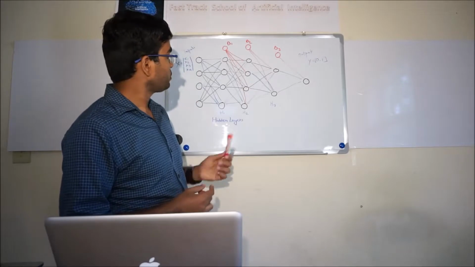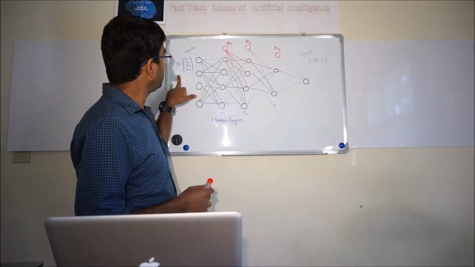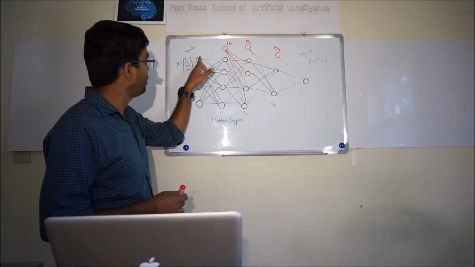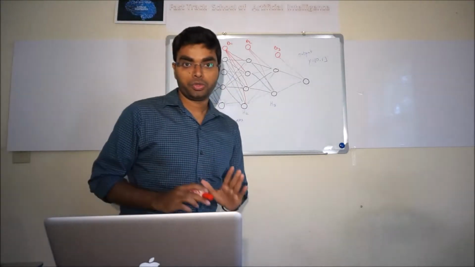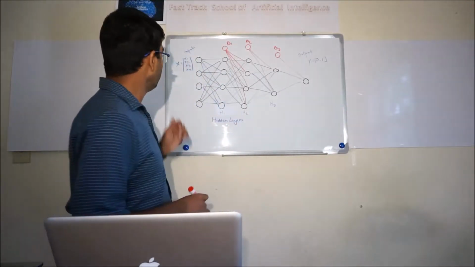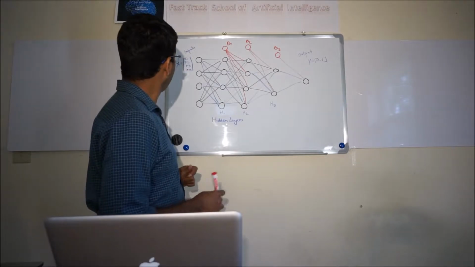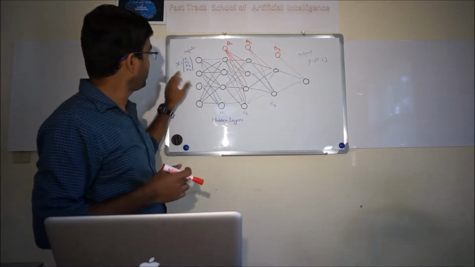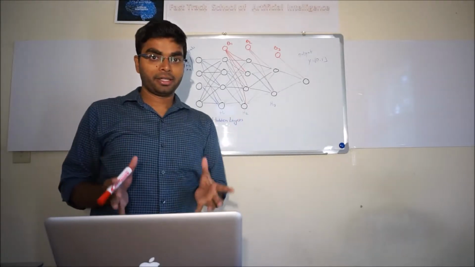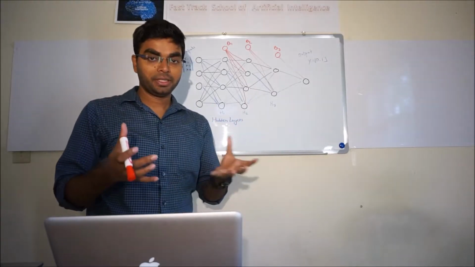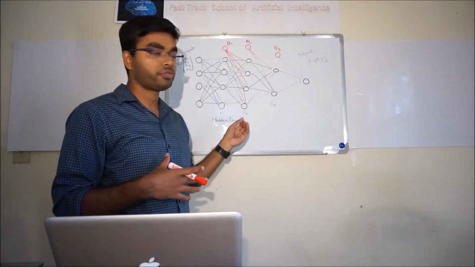Initially, we have a set of inputs and a layer called output. X and y are already given, so on the basis of that, we are going to do a supervised training process.